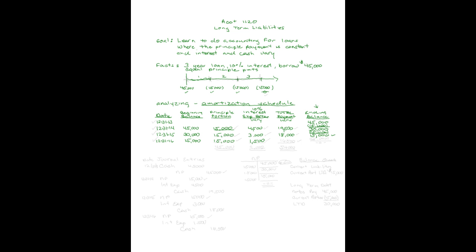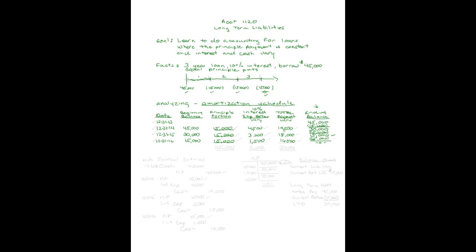Total payment will be principal plus interest, $16,500. And I have now paid off the loan, and it has a 0 balance, and I am here on my timeline. So this is an amortization schedule where the principal payments are held constant.